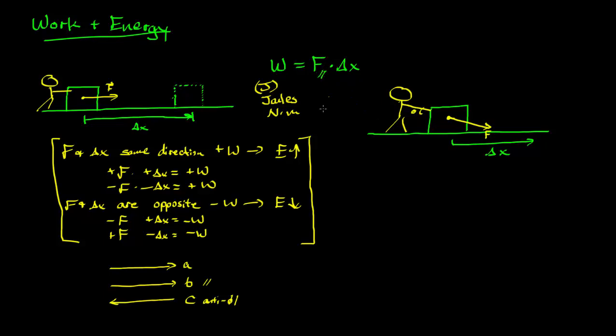And so what we can do is break out components, and we can find a component of this force that is parallel, and that's what we want. So if I draw components, I can see that I get an F in the X direction and F in the Y direction. And then this would be some angle right here, theta. So this component right here is parallel to my displacement. And so that's the one that I want.